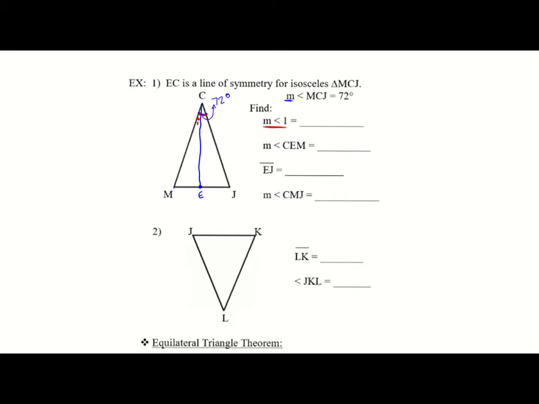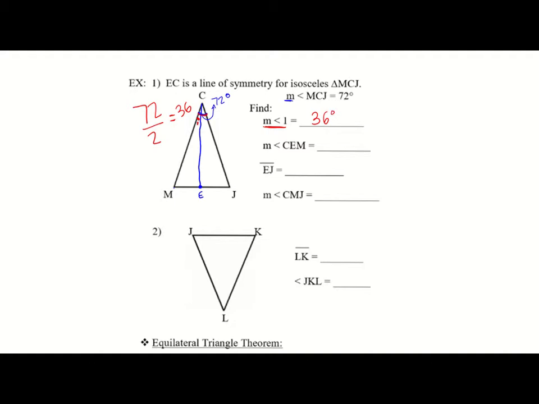So if that line bisects that big angle, that means it cuts it in half. So to find angle 1, all I need to do is cut 72 in half. So if I take 72 and divide by 2, that gives me 36. So I know that my angle 1 is 36 degrees.